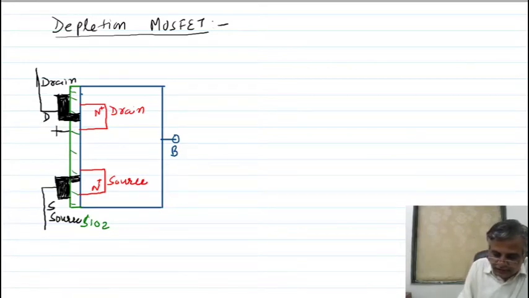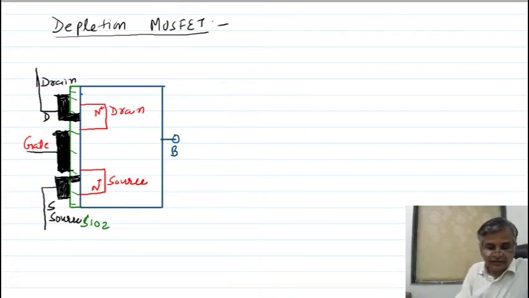Some metal plate of aluminum is kept here. Look here, this is aluminum. So this works as one plate of the capacitor. And this is called the gate.